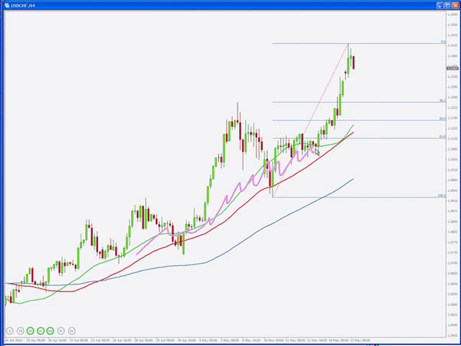Please mind that this is the dynamic area of support and resistance. By the time price retraces back down, the moving averages will be somewhere in there, and therefore the dynamic area of support and resistance falls in line somewhere in between the 38 and the 61% Fibonacci retracement.